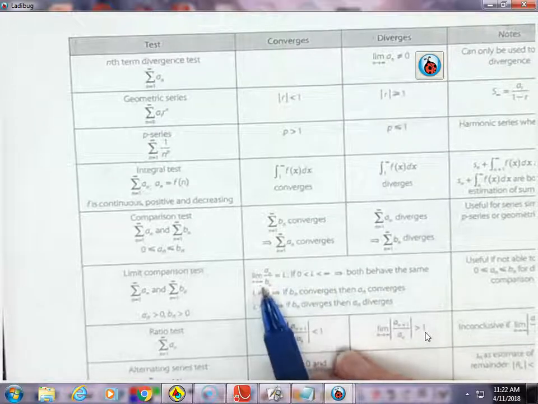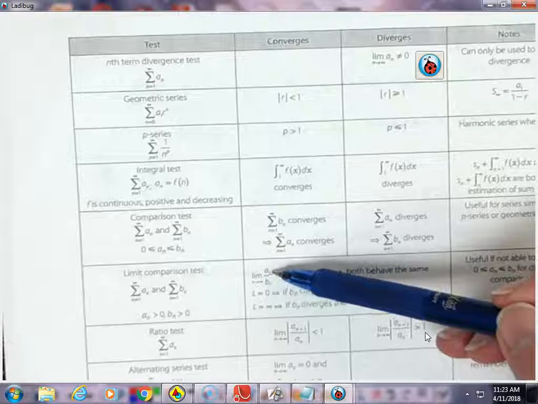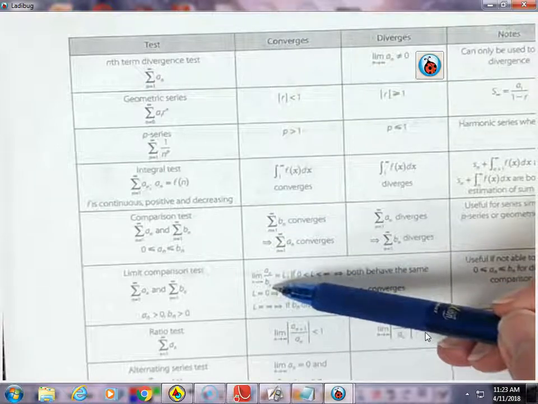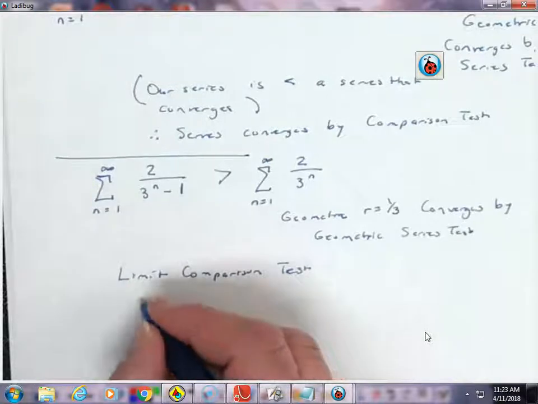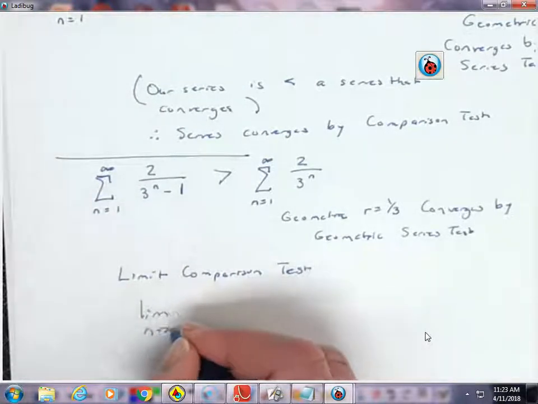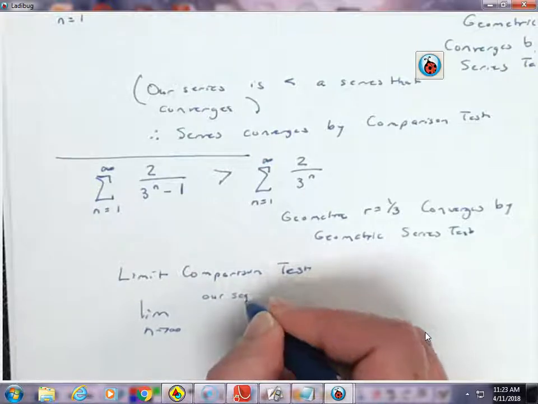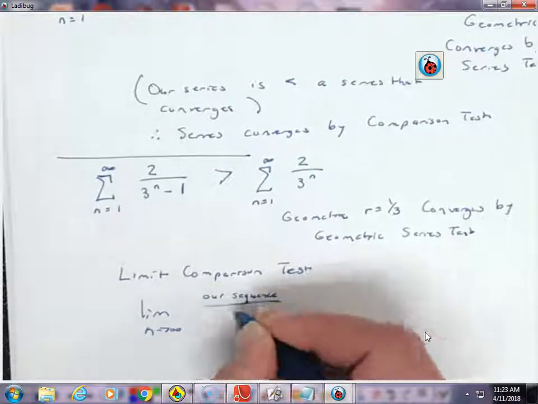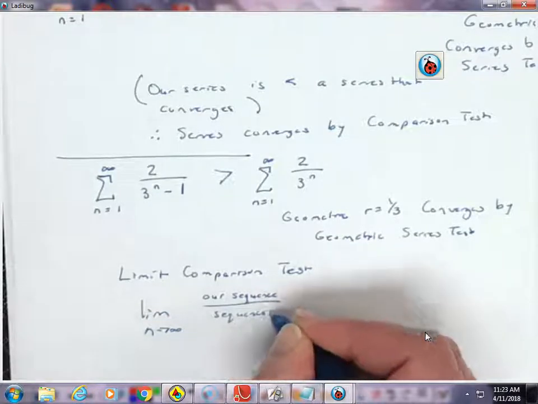So if you look at what you're doing there, you're doing the limit as n approaches infinity. It's going to be your series, or the sequence there, compared to b sub n, which is going to be whichever you're comparing to. So it's going to be the limit as n approaches infinity of our series, but it's actually just the formula for the sequence. And then this is going to be the sequence you're comparing to.